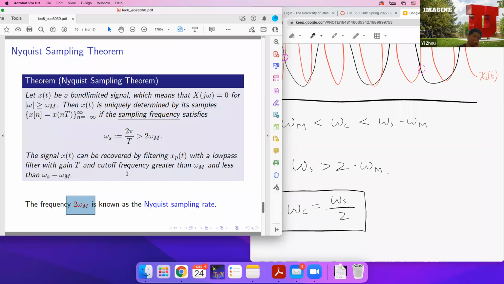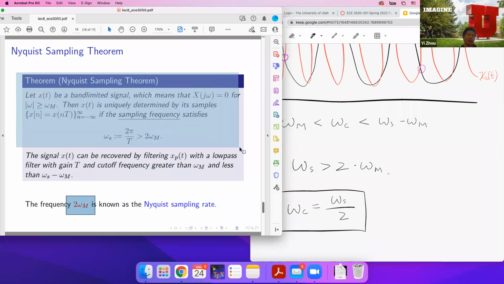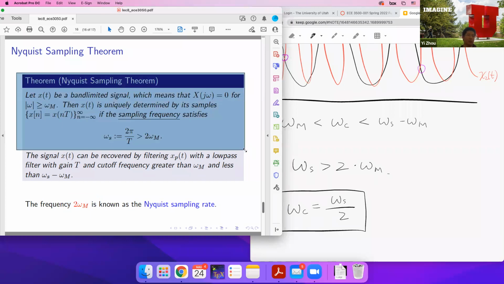And if you look at the statement carefully, this is the forward statement, forward meaning the sampling process. In order to preserve the entire information of the signal, you need to sample it at least at the Nyquist rate.